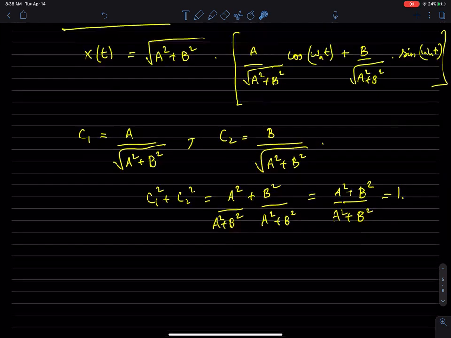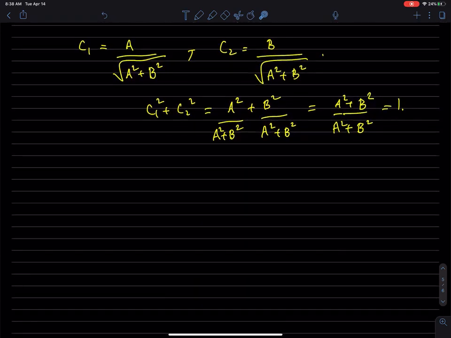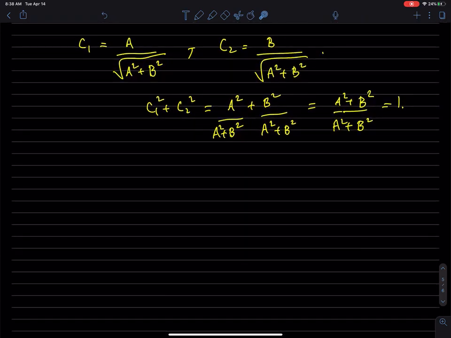So that suggests that we might be able to replace C1 and C2 with something. What quantities C1 and C2 have the property that C1 square plus C2 square equals 1?